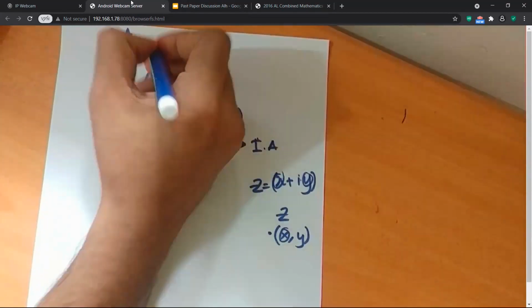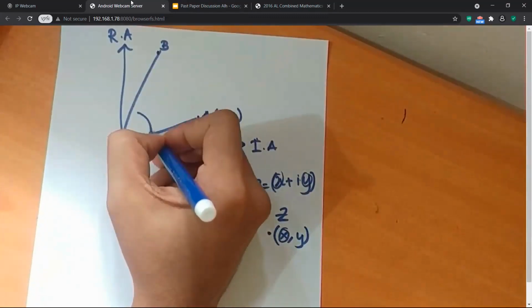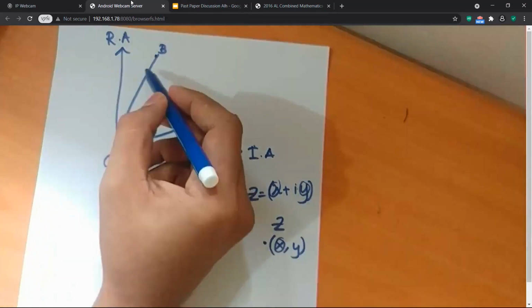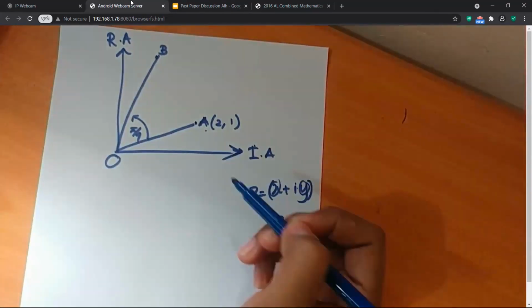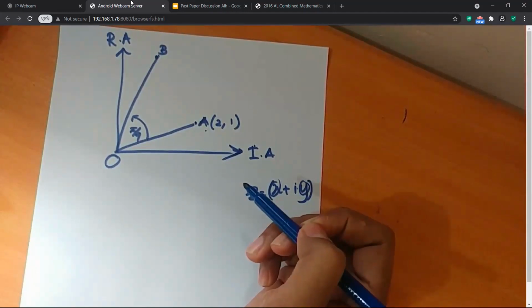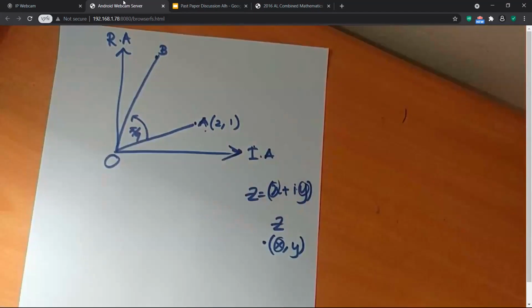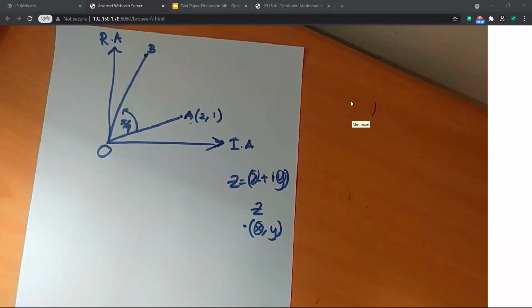So if there's a point B here, at this angle measured counterclockwise and at this distance, OB is equal to twice OA. That's what we have been given. Now what they're asking us to do is find the complex number represented by the point B.